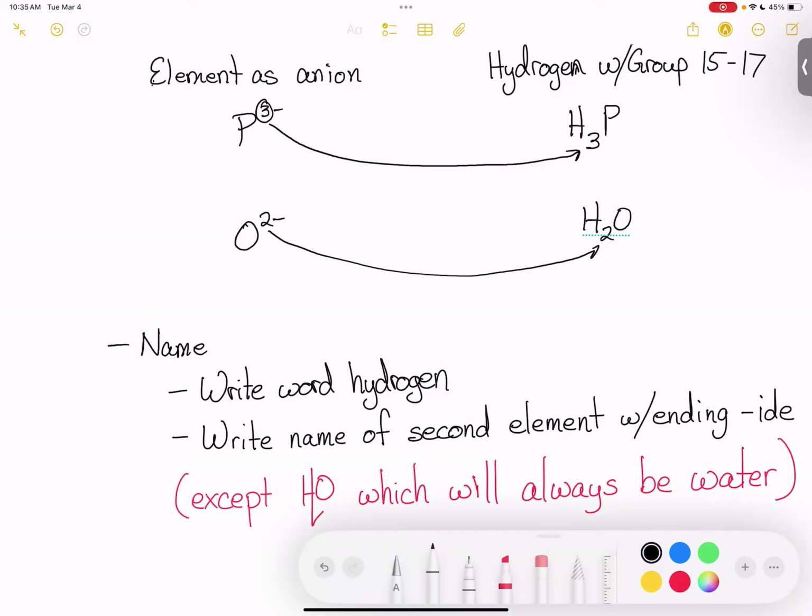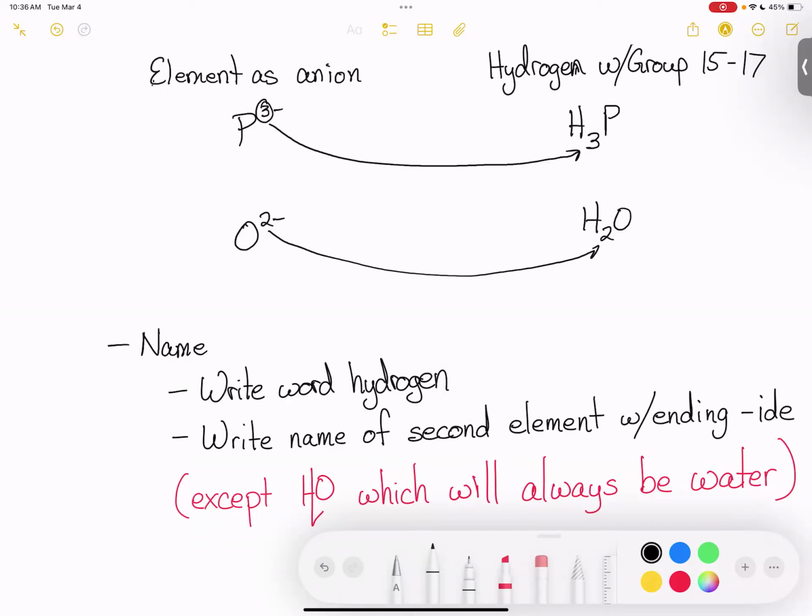That's because across the entire world, everybody knows it as water in that language. And that's what naming is all about, for somebody over in Switzerland to be able to recognize a compound based off of its name.